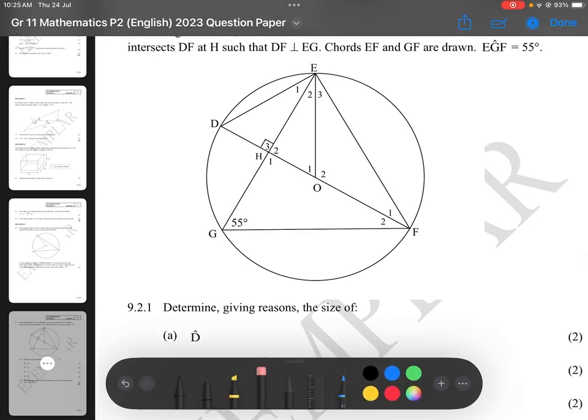Okay, so let's see, what can we relate D to? Okay, so I see that I have a chord EF, right?